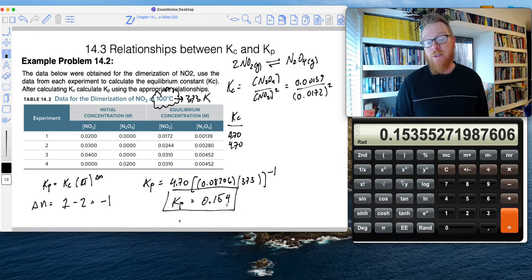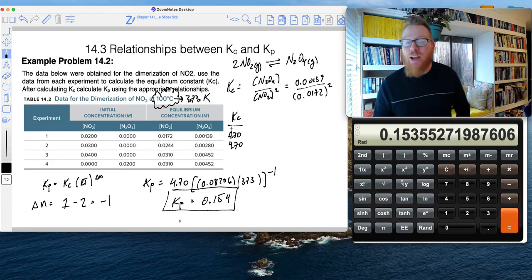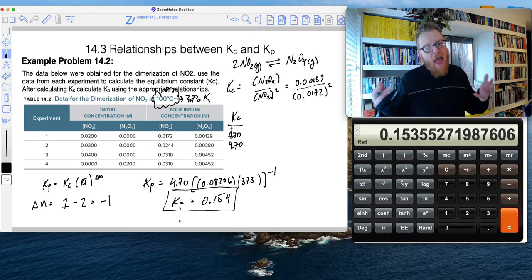And once again, to describe what this equilibrium position is, you can see the Kp value is less than 1, but this Kc value is greater than 1. So what does that mean? This is where it gets a little bit tricky to interpret.